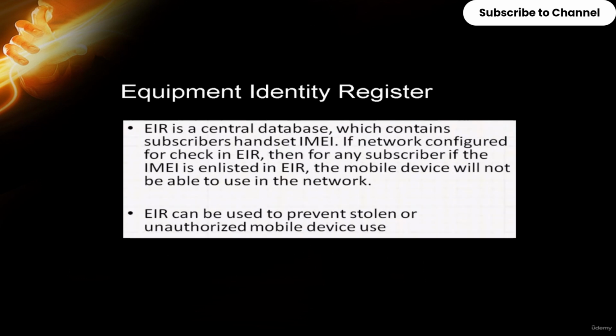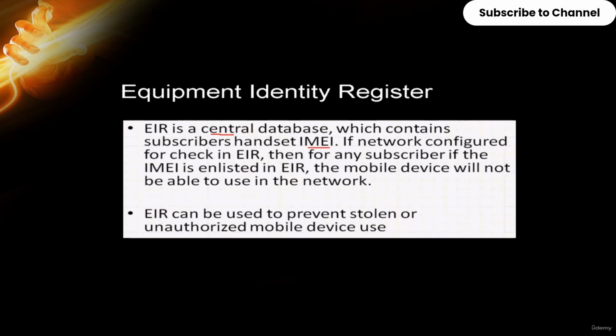Next is the equipment identity register. It is also a central database which has the IMEI number of a user. Each user has an IMEI number, that is the International Mobile Equipment Identity number.